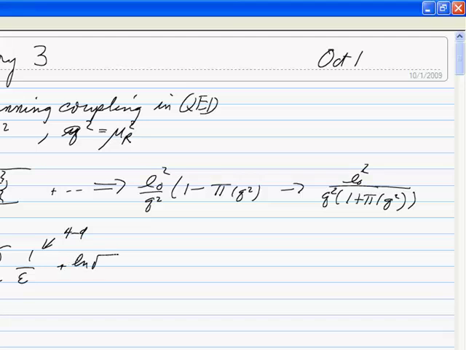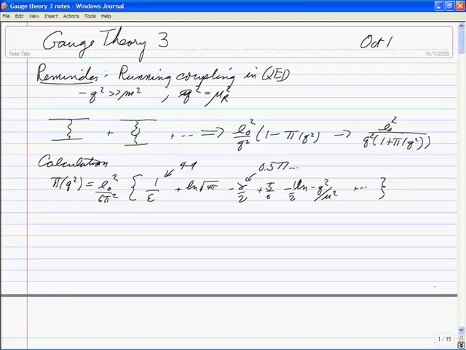Plus log square root of 4 pi minus gamma over 2, gamma being Euler's constant, 0.577, plus 5/6, minus 1/2 log of minus q squared over mu squared, plus ... Okay, so that's what it comes out to be.